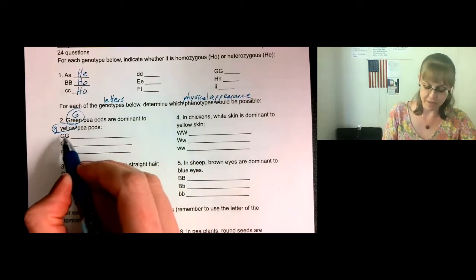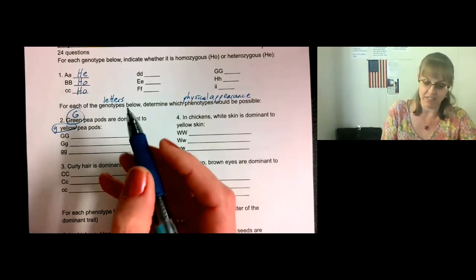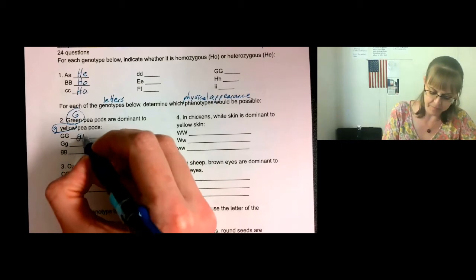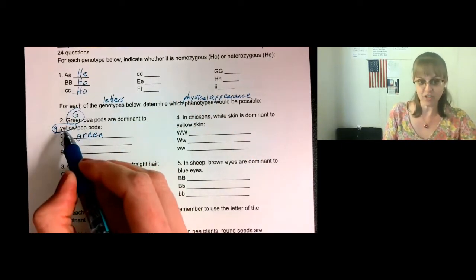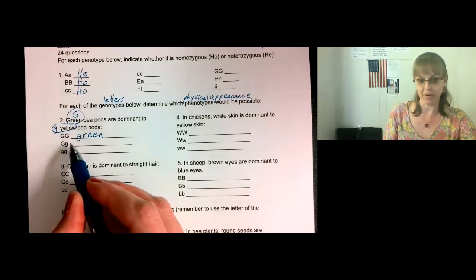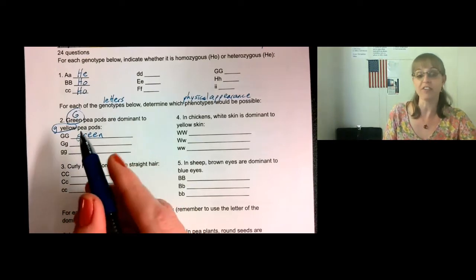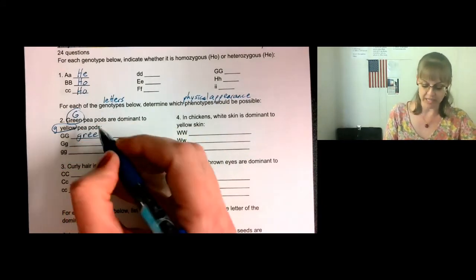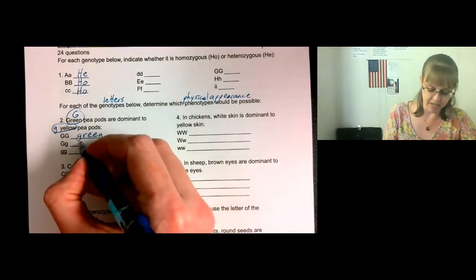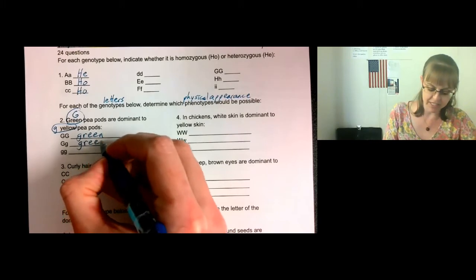So if we get two dominant genes, obviously it has to be green. If we get a dominant and a recessive gene, remember that the dominant one covers up the recessive one, it blocks it. So only the dominant gene is seen, which means the plant is green.